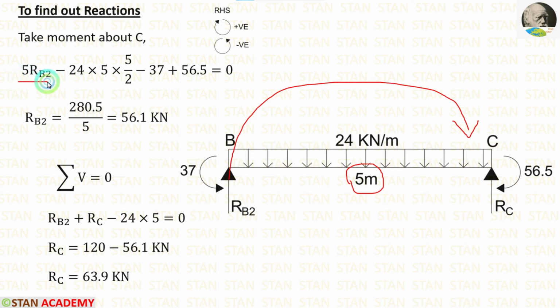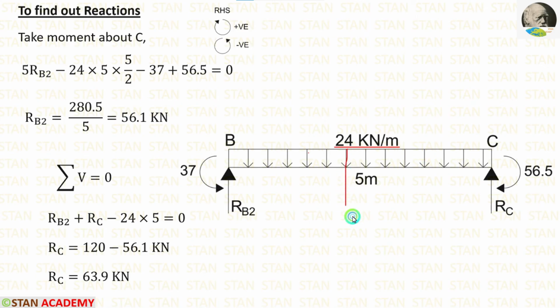So 5 RB2. The UDL 24 kN per meter is acting towards the point C in the anticlockwise direction, so it will be negative. When the UDL comes, we have to multiply with the distance and a distance upon 2. Here the distance is 5 meter, so 5 into 5 upon 2.